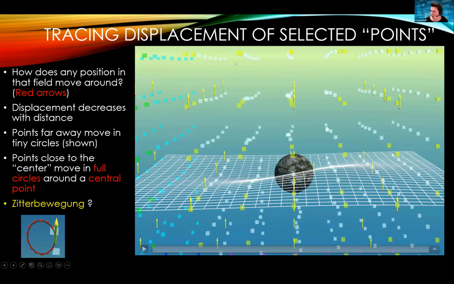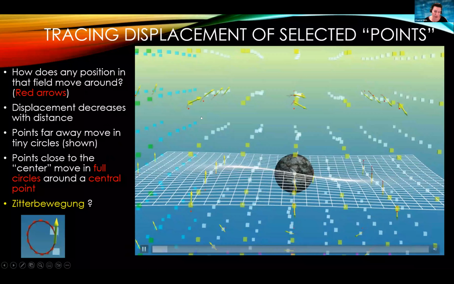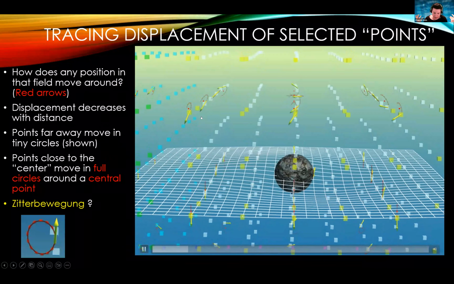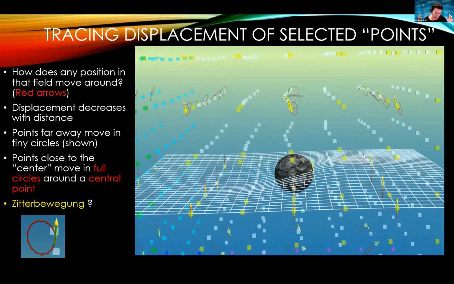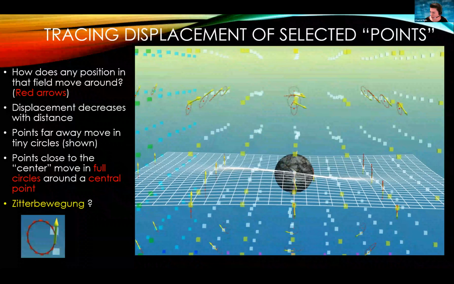So now let's take a closer look at what happens to these individual elements in the pudding, or in the elastic solid. What I've done here is add a bunch of boxes to see what the displacement looks like in this elastic solid. What kind of movement would we see?